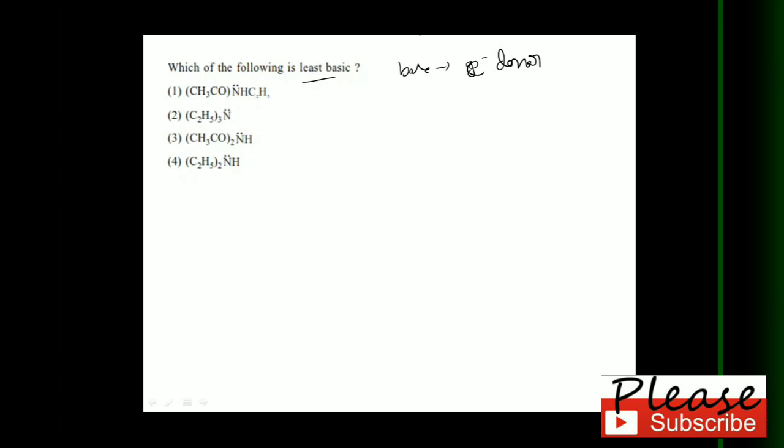Okay, so first of all, in the first option, you can see this one: CH3C double bond O, here N, this is H and this one is C2H5. That means it is an amide actually.